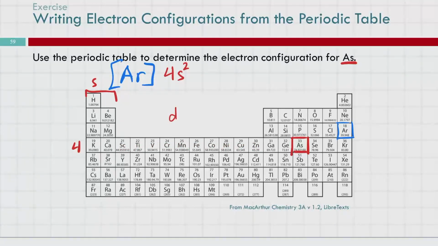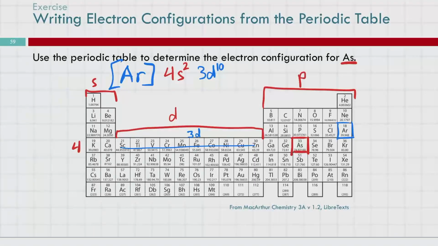Our D block. And our D block, our first row, is what number? 3. So this is our 3D. And we are also past 3D, so we would have 3D10. And then our last block that we get to here is what letter? P. It's our P block. And what column are we in?